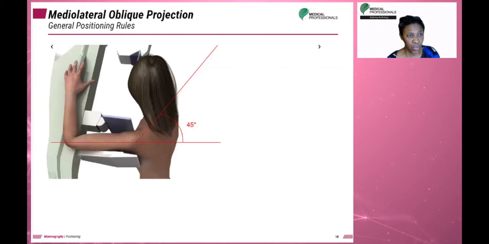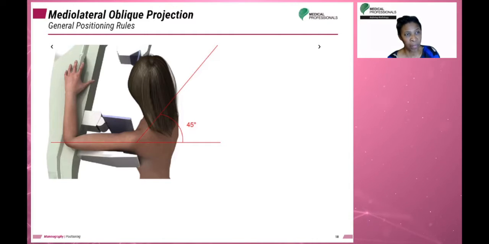There are also situations with patients that it's next to impossible to get an open fold on your routine MLO projection. In that case, you might do one of the supplementary projections, for example, the Mediolateral oblique or the SIO, and get at least an open fold. So that's an additional image that you would submit with your routine.